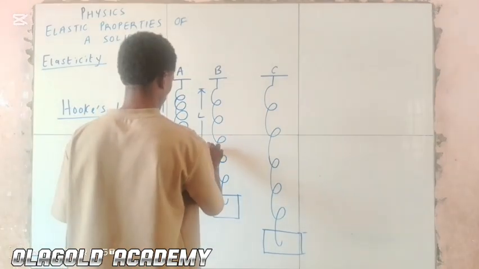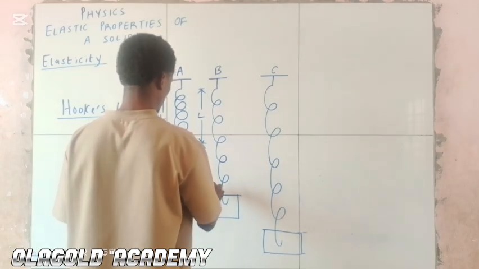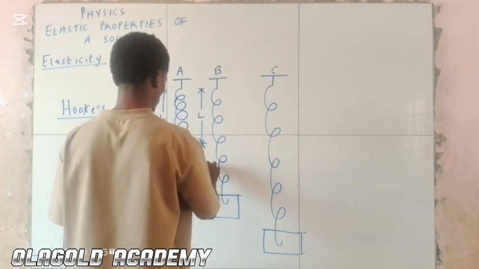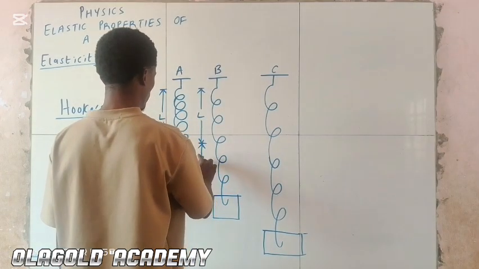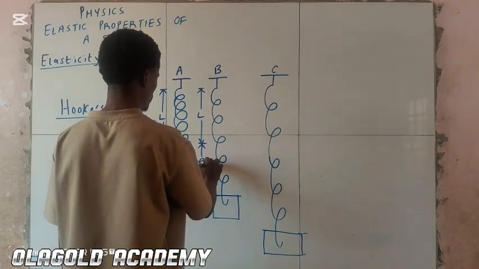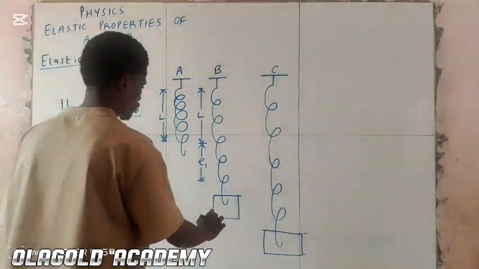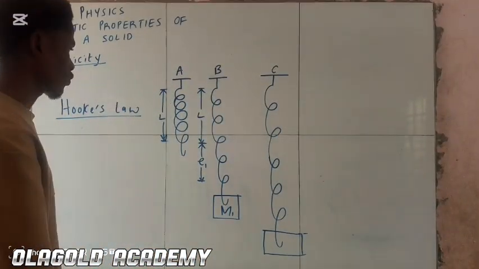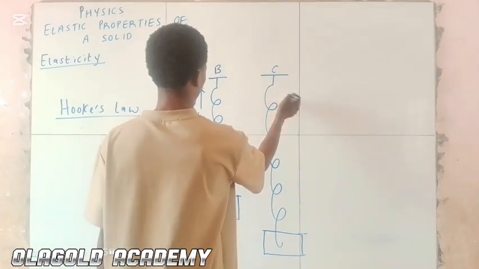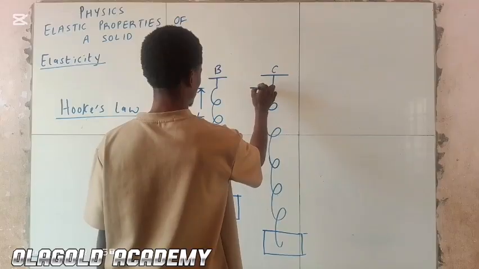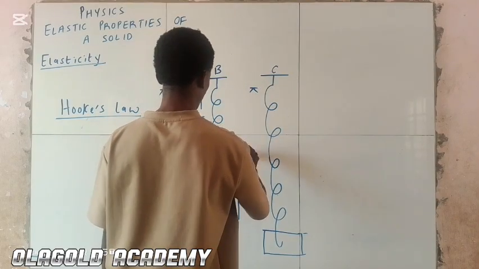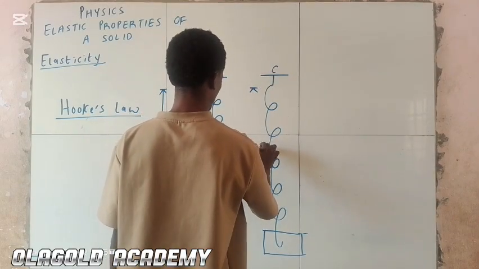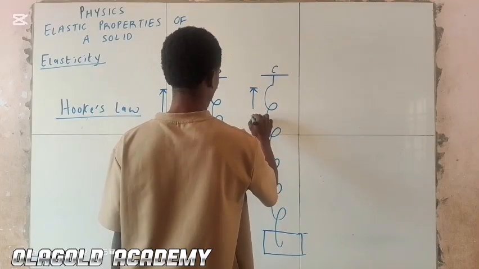So from here to here is the extension of the material. Let's call this E1. Let's call this mass M1. For the third case, where we have a bigger mass, from here to here is the original length of the spring.